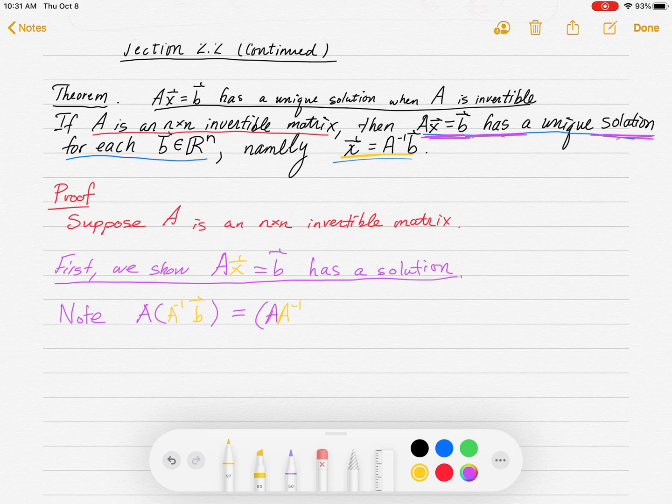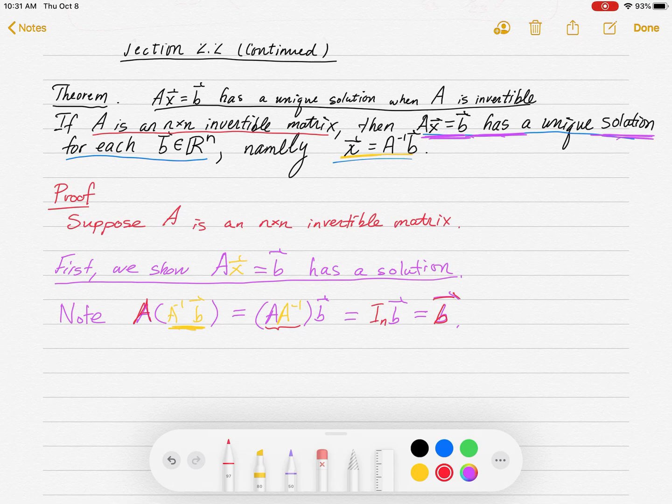We proved that a while back for matrices and matrix vector multiplication. So you can reassociate the A with the A inverse, like so, and then you have vector B on the end. We know A times A inverse, this right here, is the n by n identity matrix times vector B. And we know that the identity matrix times vector B is vector B.